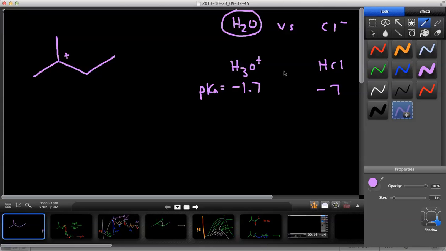And in aqueous solution, that also means strongest nucleophile. So it's H2O, more specifically the lone pair of electrons on the oxygen atom, that is going to attack this strong electrophile and its empty p orbital.